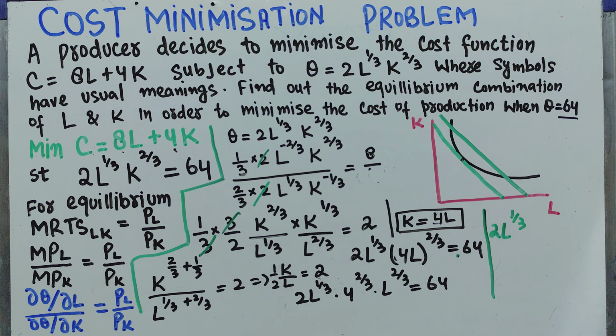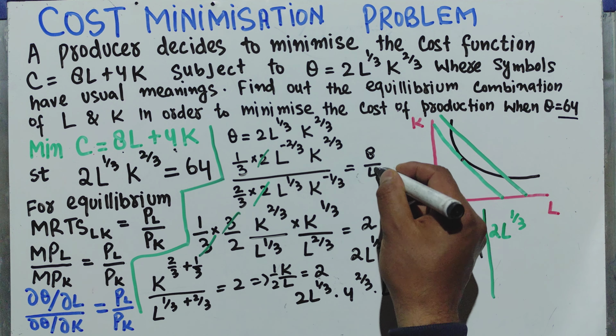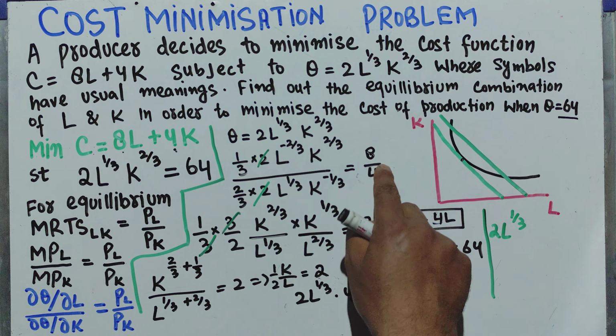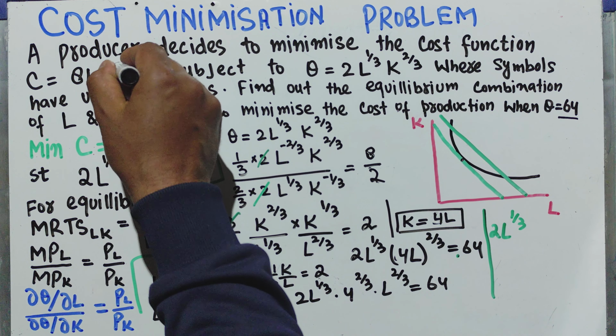I am really sorry, the question, if I solve this question like this, let us say this is 8 upon 4, it is 2. So having said that, when we solve this, can we solve this here for L? We cannot solve this for L, so I have made a mistake in calculating this. It is in fact equal to 2, so our production cost is here 2k.